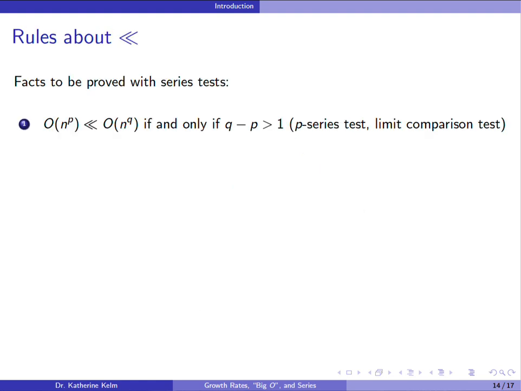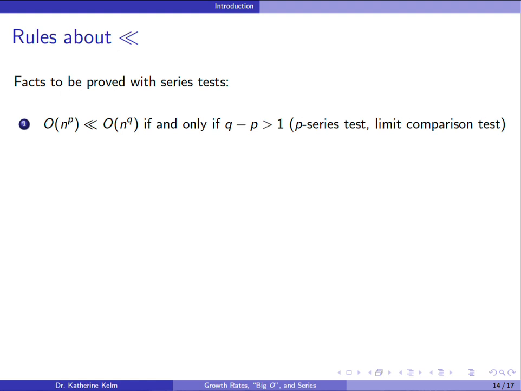So here are some rules about sufficiently less than that you can prove with series tests, and as you proceed through your calculus course, you will learn tests that will verify all of these rules that I'm going to give you.